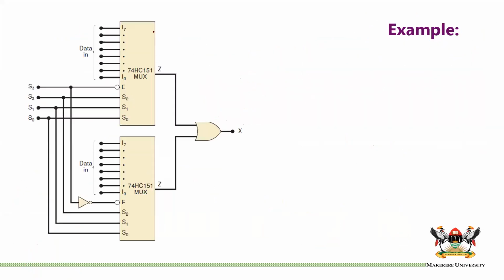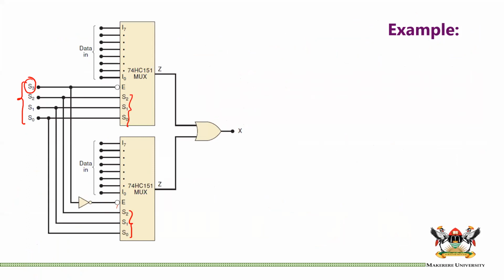Now they have been connected in this way. You still have your select inputs, and as you can see here, they all come from the same place. Now this enable is connected to S3. Before we had S2, S1, and S0, but now we have added S3 to enable or disable.